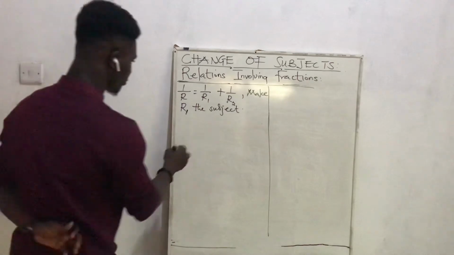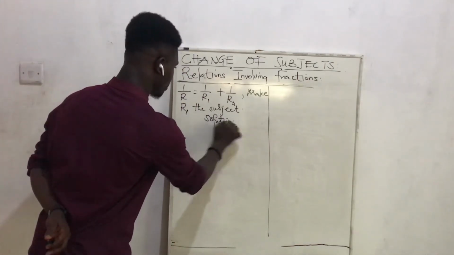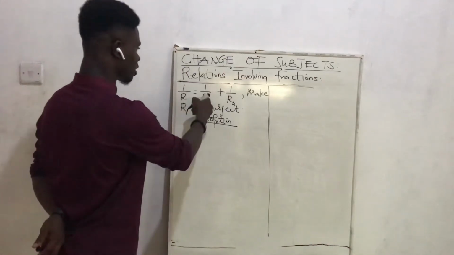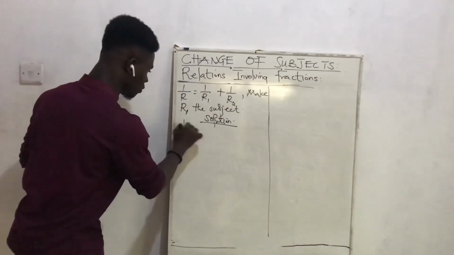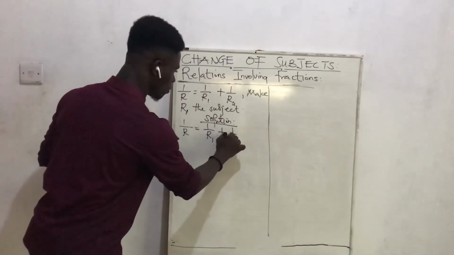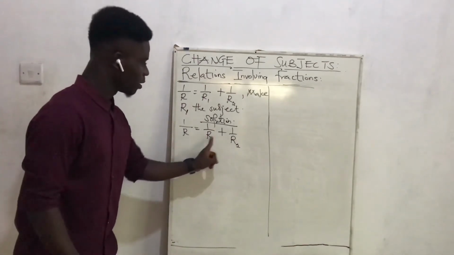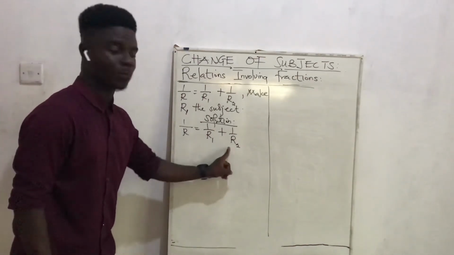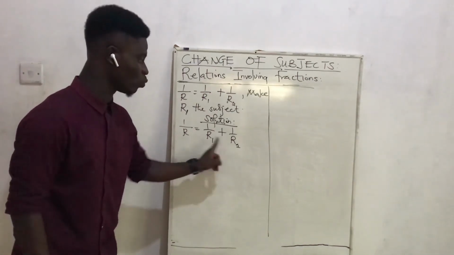Now, solution. How do we make r1 the subject? We have fractions here. So how many times here? 1 on r equals 1 on r1 plus 1 on r2. These two fractions are separated by the operation sign here, so we have 2 terms there.